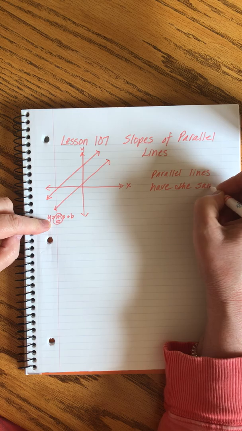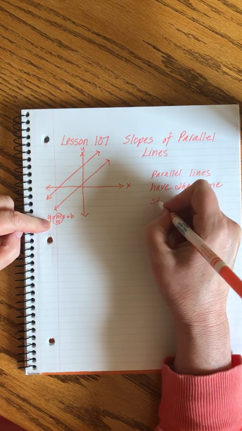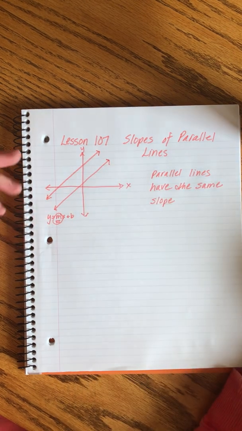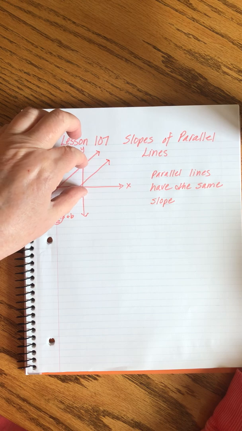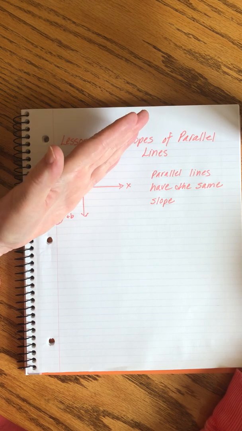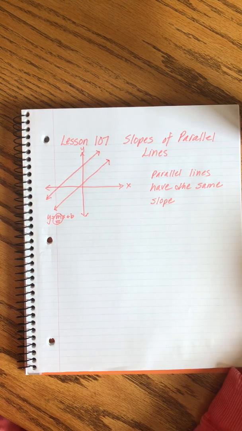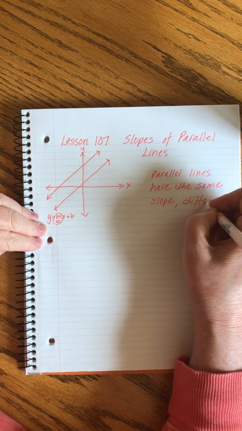I know you're grabbing paper and pencil and writing this down too. Parallel lines have the same slope, but now let's look at the y-intercept. They have a different y-intercept. The y-intercept difference defines the space between the lines, but they have the exact same degree of tippedness, to use a non-mathematical expression.